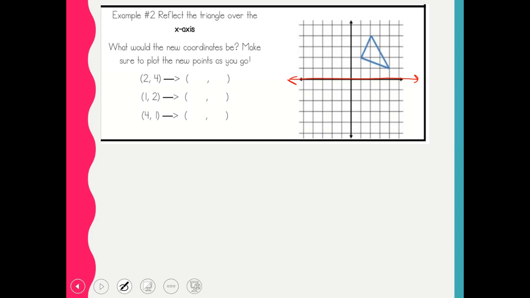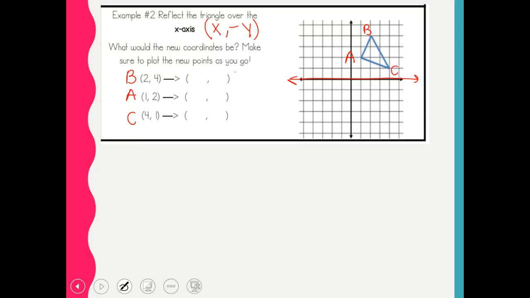So again, we're going to label A, B, C. We're numbering them the exact same as we had before, which is actually B, A, C. So now we're changing the y value, right? Because if it's the x-axis, it's going to be (x, -y). So I change the y value.